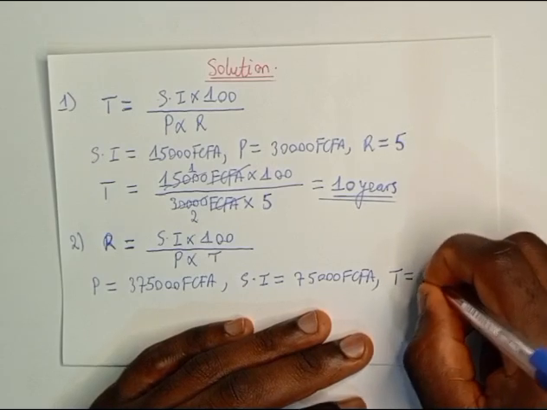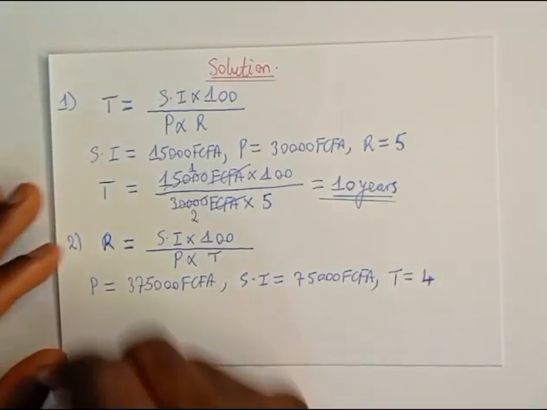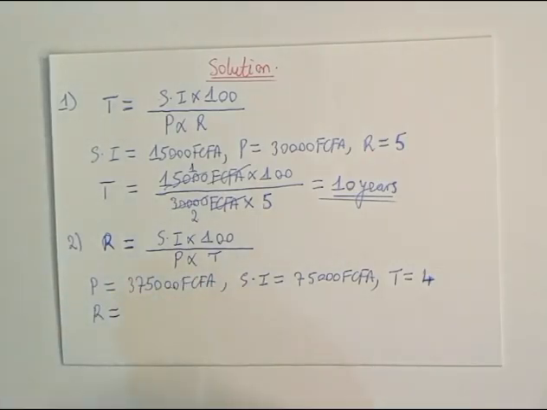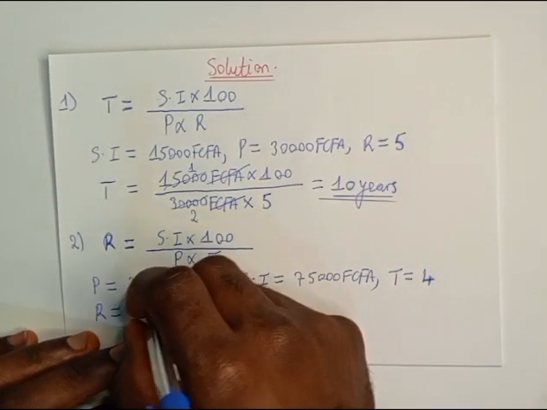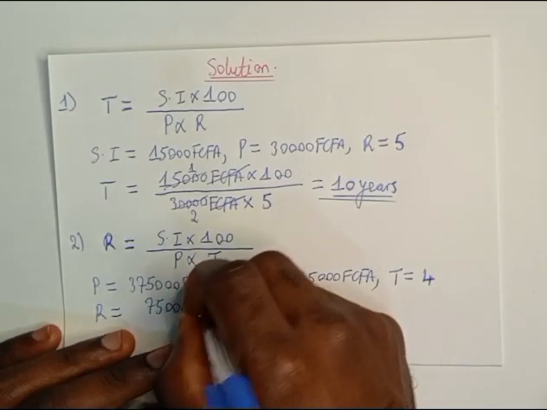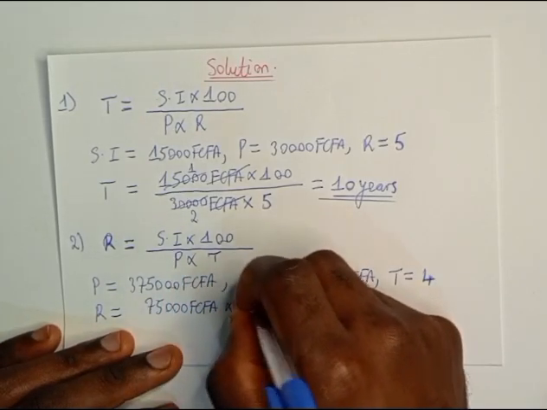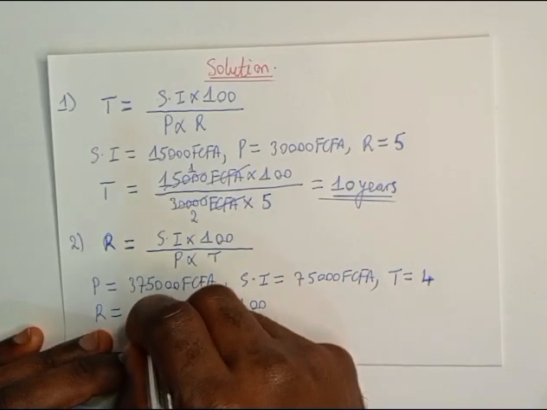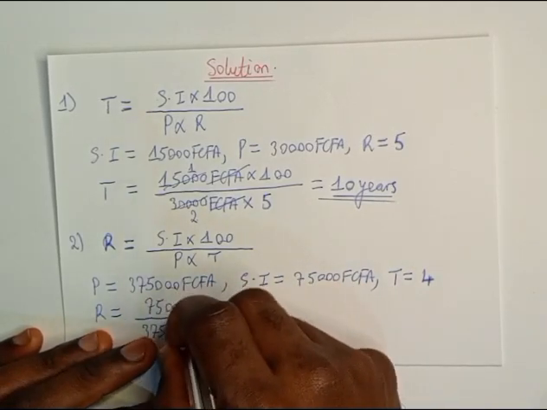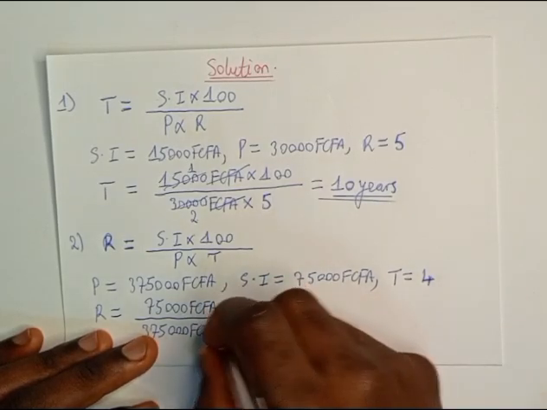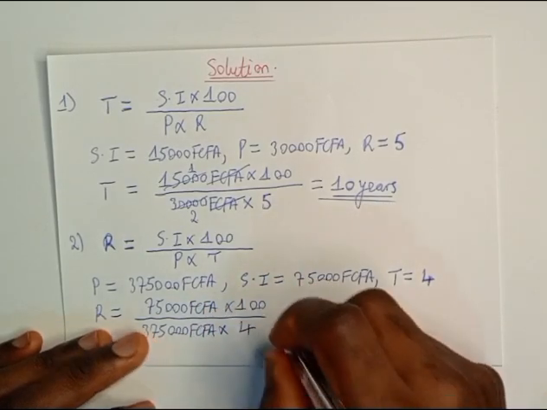Just write down the value, which is 4. For us to get the rate, we are simply going to insert these values, then we simplify. 75,000 francs CFA times 100, then we divide by principal, which is 375,000 francs CFA. We multiply by the value of the time, which is 4.